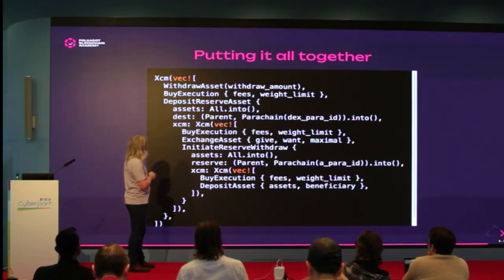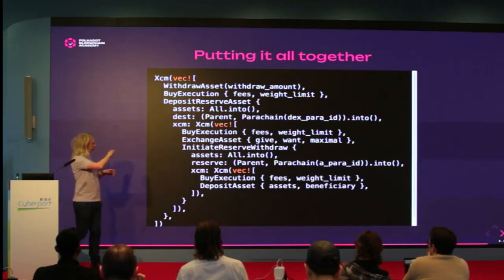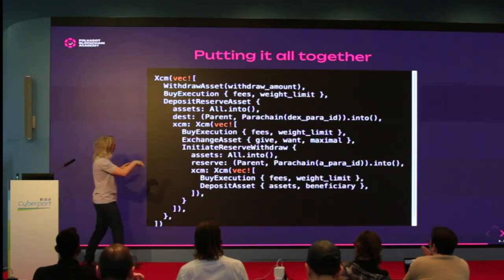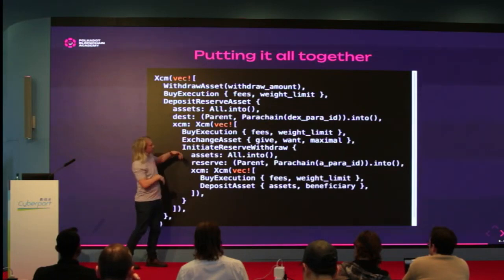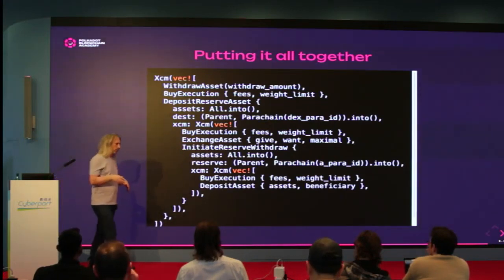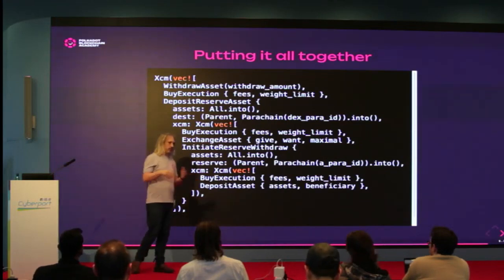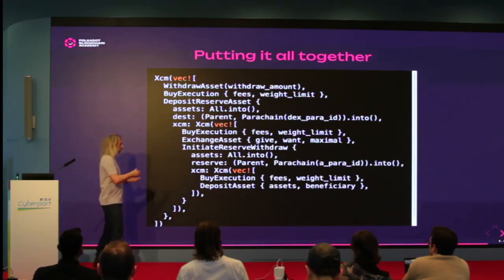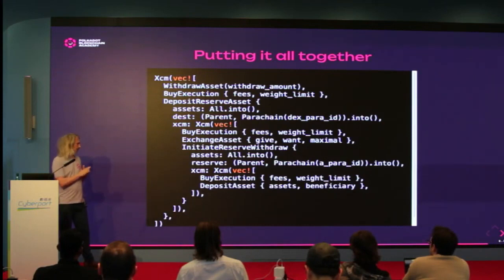And it's assuming that we don't need to go through a third-party reserve. We can imagine being the reserve for one of these assets, but it's quite likely that for the other asset, we're going to need to go through a third-party reserve like Asset Hub.